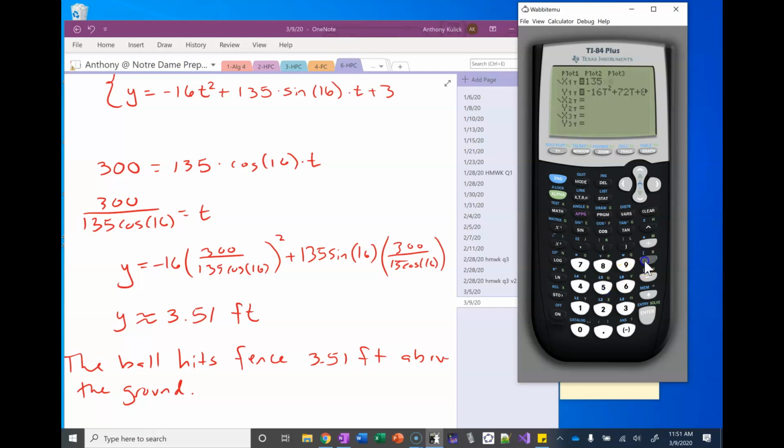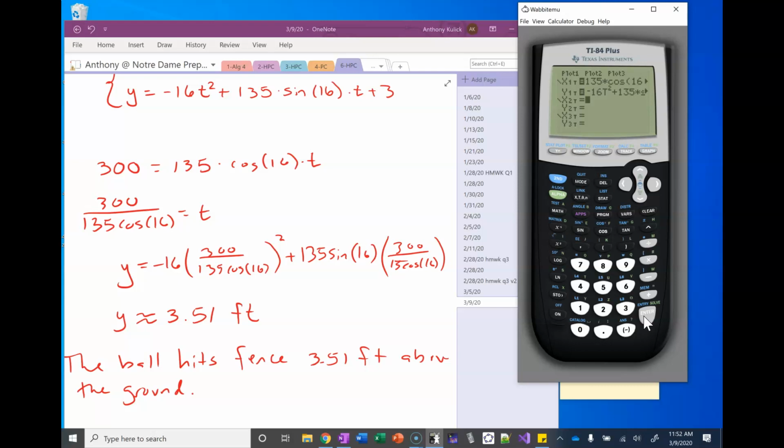So I'll do 135 times cosine 16 times t for my x, and then negative 16 t squared plus 135 times sine 16 times t plus 3. So that'll graph me the path of the ball.